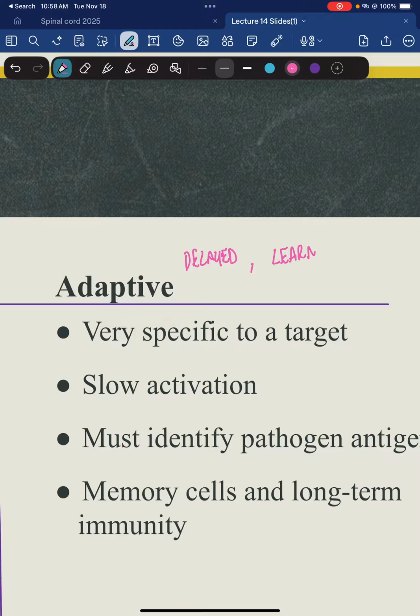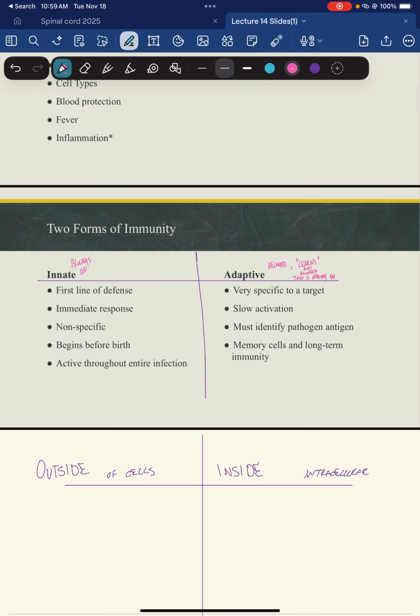The adaptive immune system is going to learn about that bacteria that's infecting you. It's going to take notes, it's going to find its weakness, and it's going to make specific weapons to that bacteria so that it is really, really effective at clearing it out, which takes time. It just takes time to collect information, to make whatever weapons you need to make, and then mount a response against that.